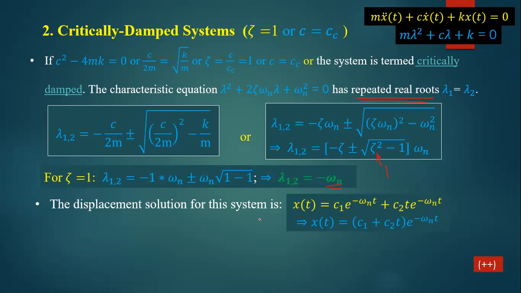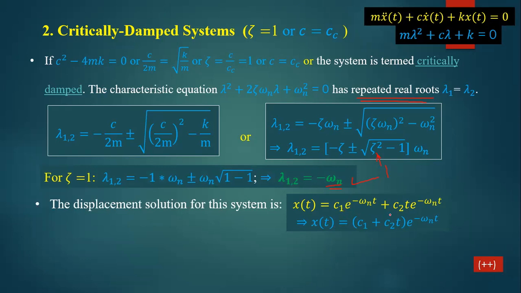So the equation for this type is given in this form. In mathematics, for such kind of roots, we represent C1 plus C2 t, unless it will not satisfy.